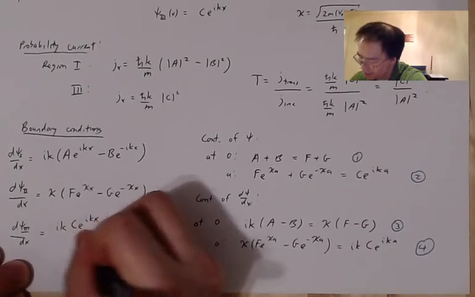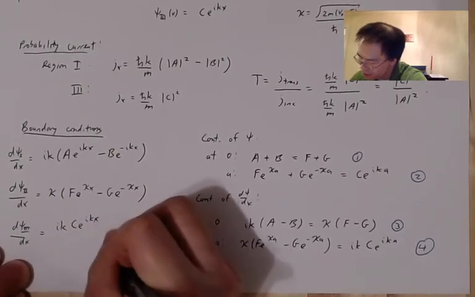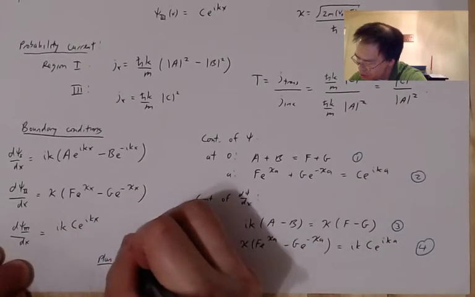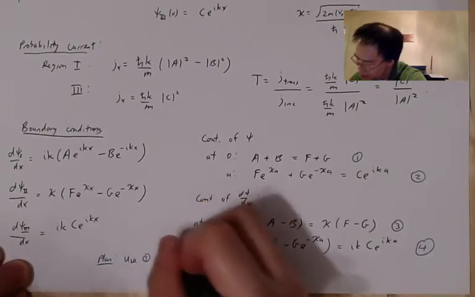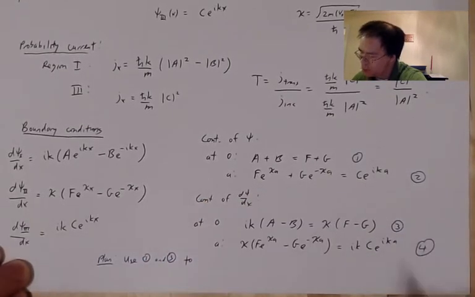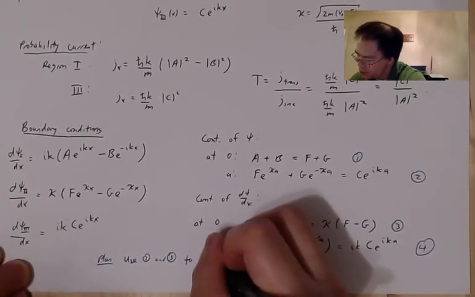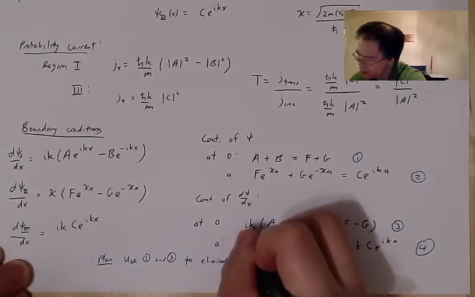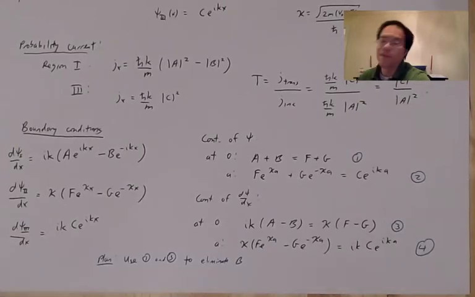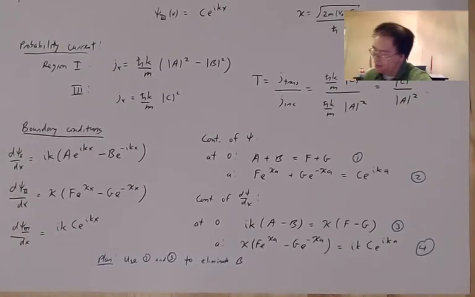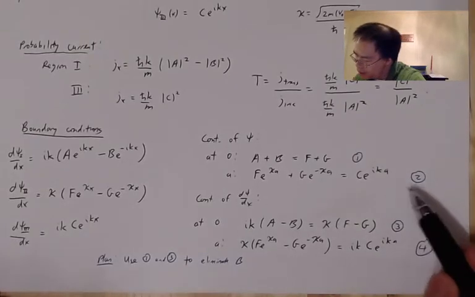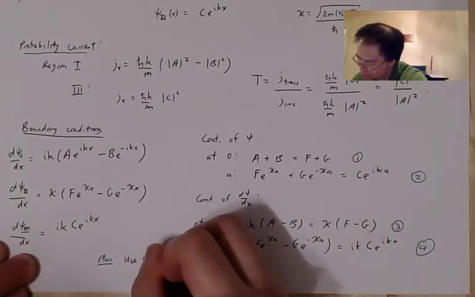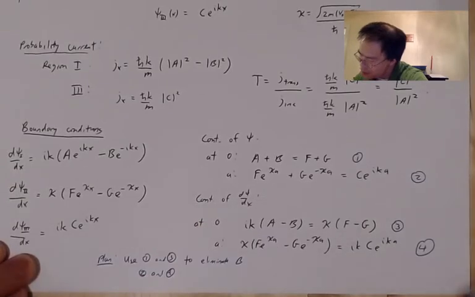So plan: use 1 and 3 to eliminate b, and that'll give us a, f, and g. And we can use 2 and 4 also.